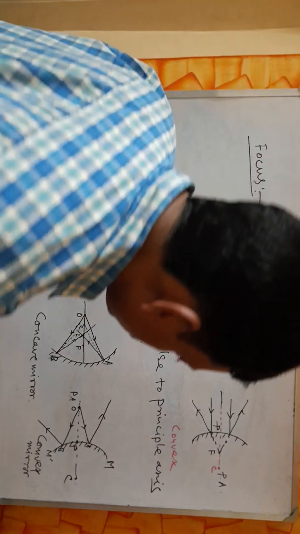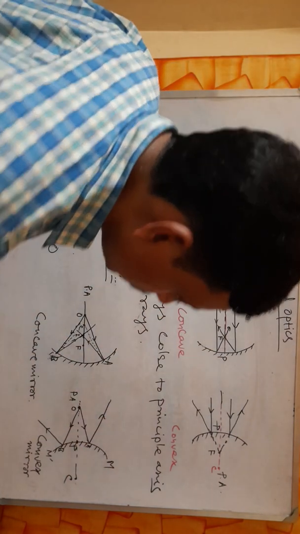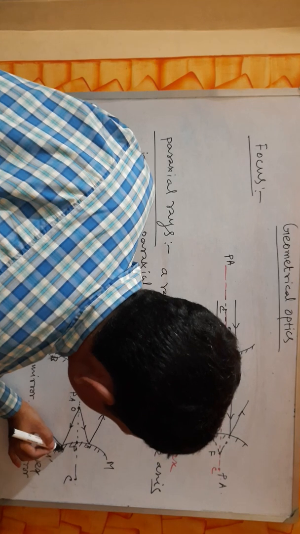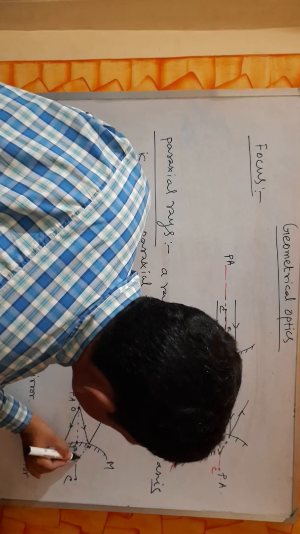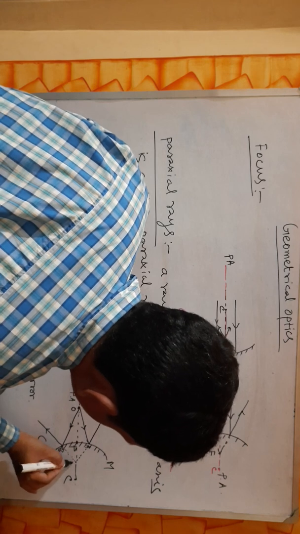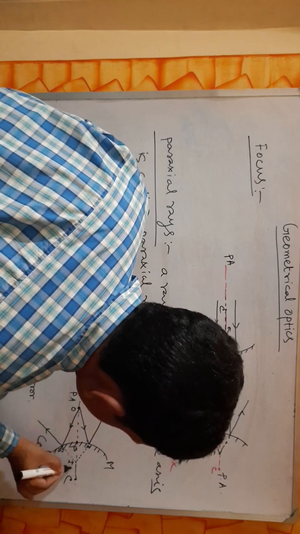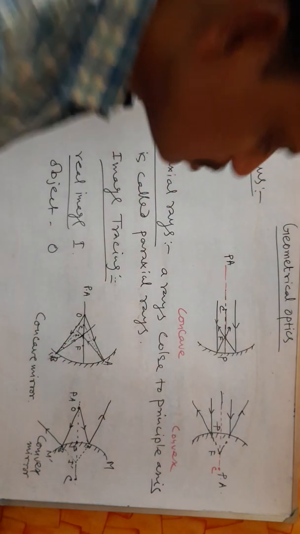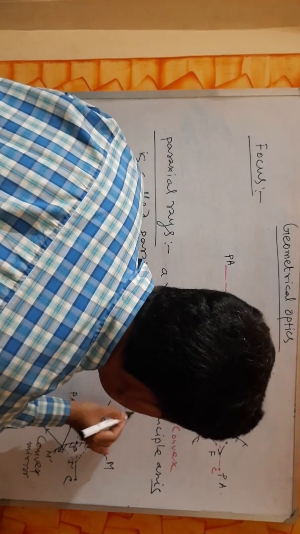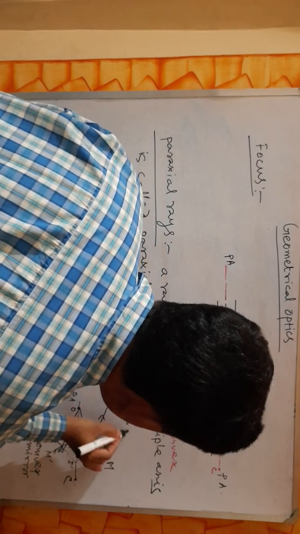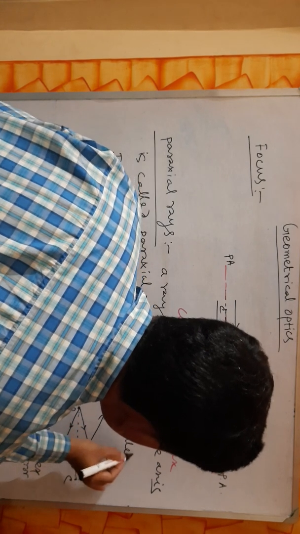So we join the lines on the back side to meet at a point and form a virtual image. So I prime is called the virtual image.